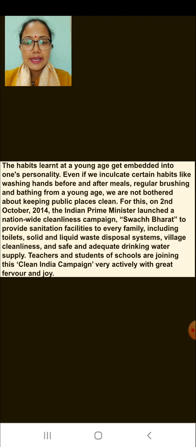For this, on 2nd October 2014, the Indian Prime Minister launched a nationwide cleanliness campaign, Swachh Bharat, to provide sanitation facilities to every family, including toilets, solid and liquid waste disposal systems, village cleanliness, and safe and adequate drinking water supply. Teachers and students of schools are joining this Clean India campaign very actively with their favor and joy.